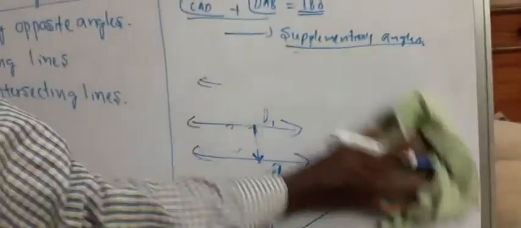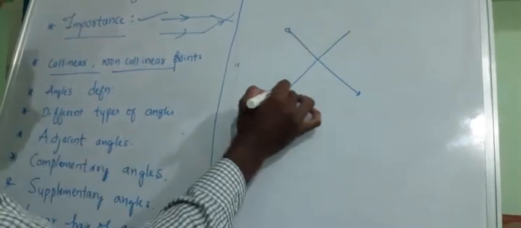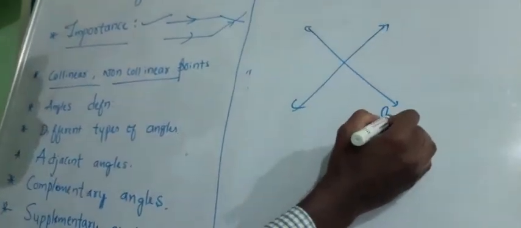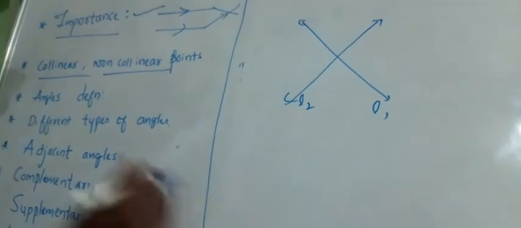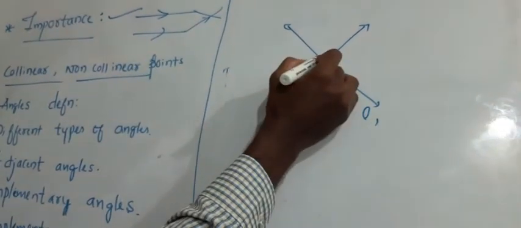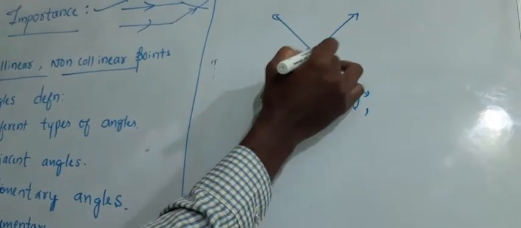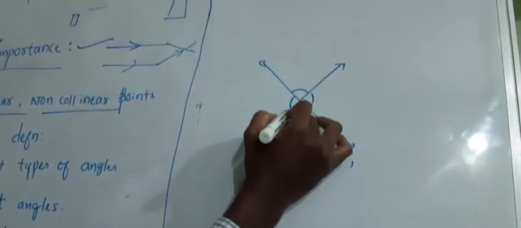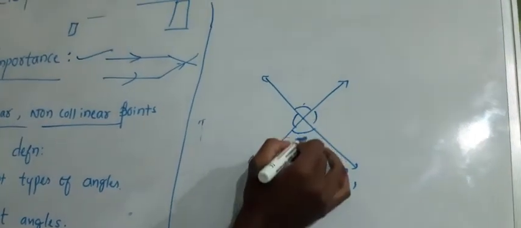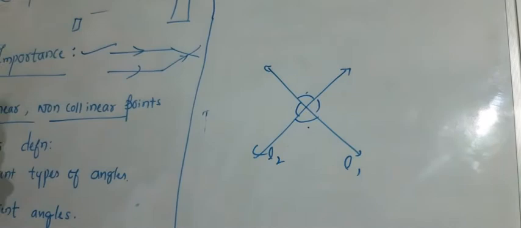Next is vertically opposite angles. L1 and L2 are the two lines. When they intersect at a point, their pair of opposite angles will be equal. These angles are called vertically opposite angles.